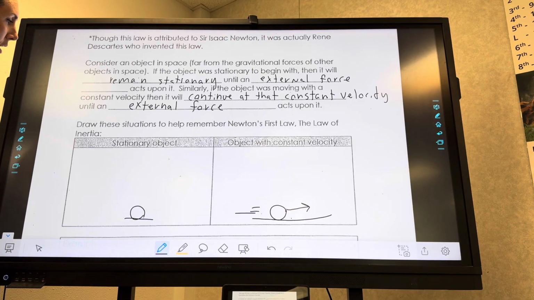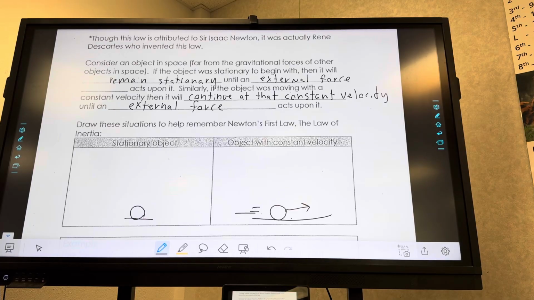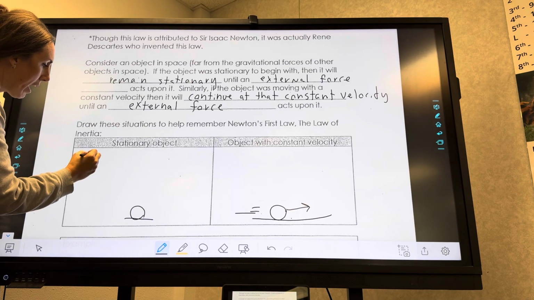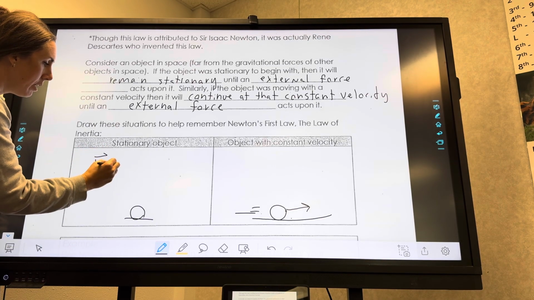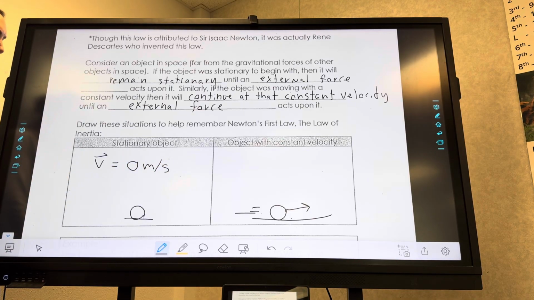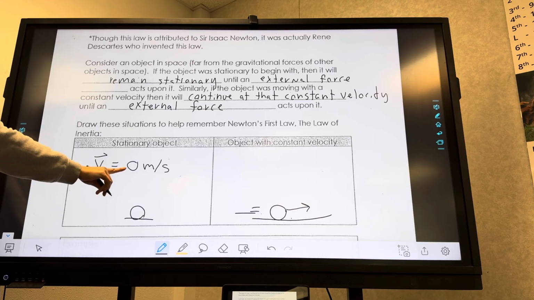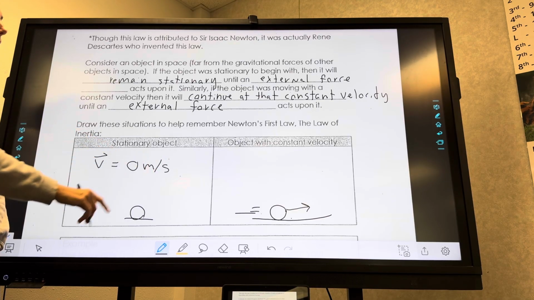And so if an object is still, we want to draw its velocity. So we have v hat equals 0 meters per second. And just to review, remember v is speed, v hat is velocity. Velocity is a vector and needs 3 things: a magnitude, units, and direction.